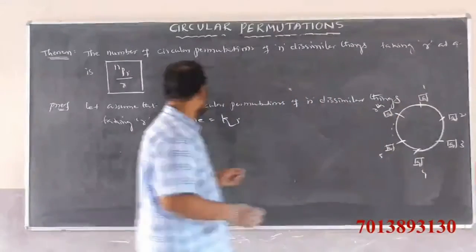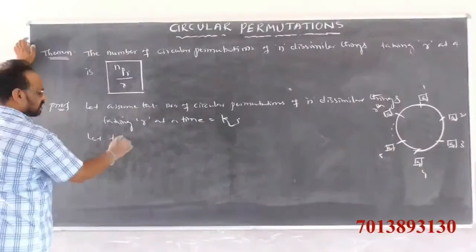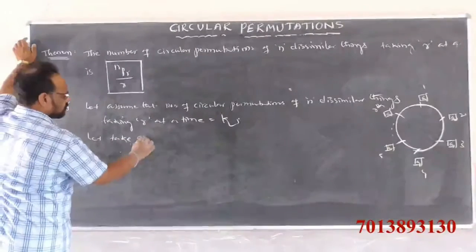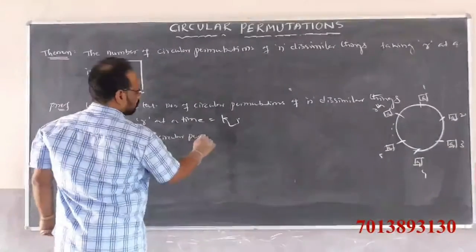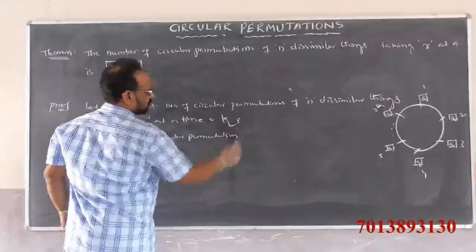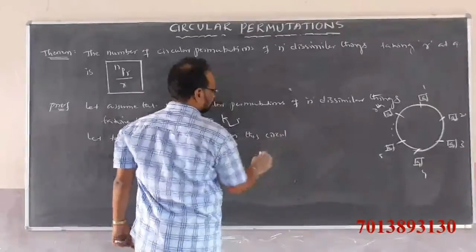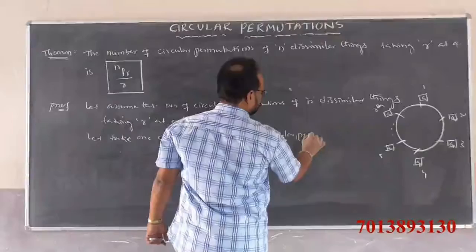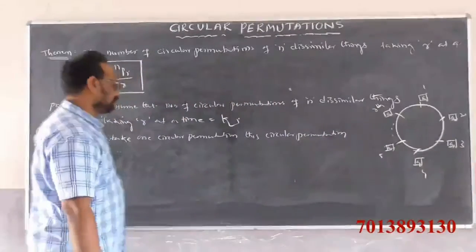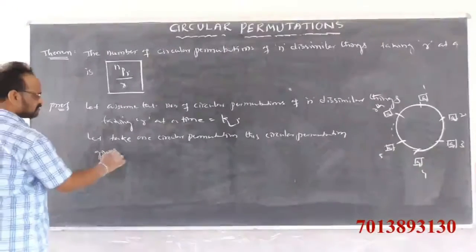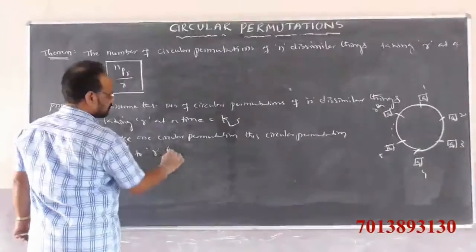Let us take one circular permutation. This circular permutation gives rise to r linear permutations.